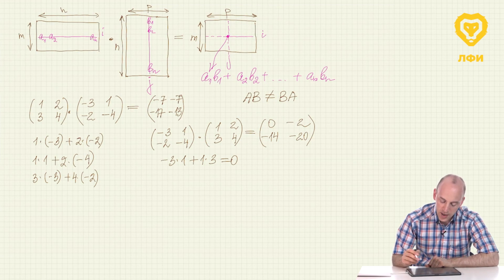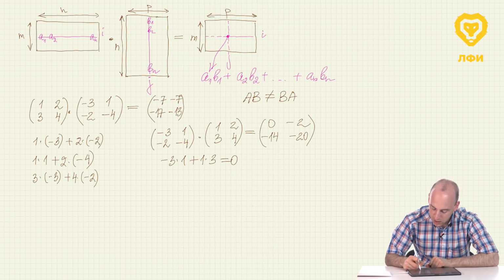By the way, it can be shown, and it is true in general, that if we multiply 3 or more matrices by each other, then provided that the product is determined, we can calculate the product in whatever order we like.